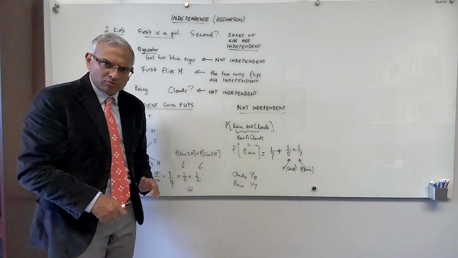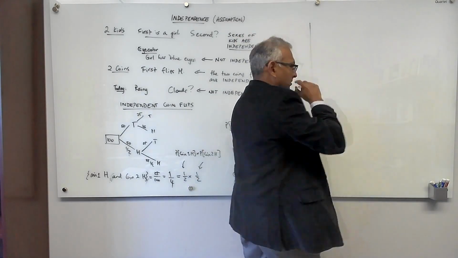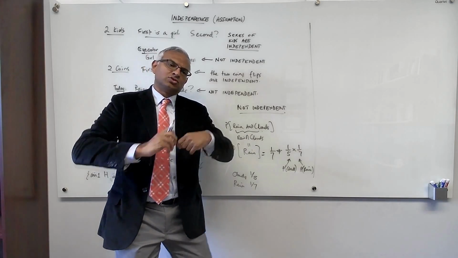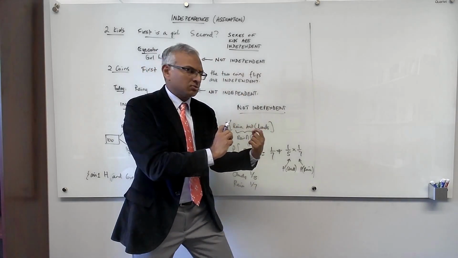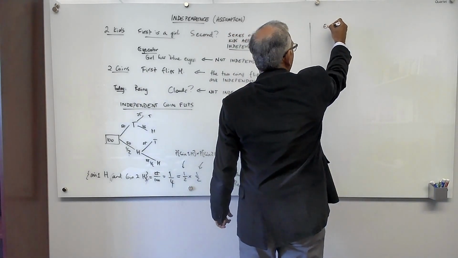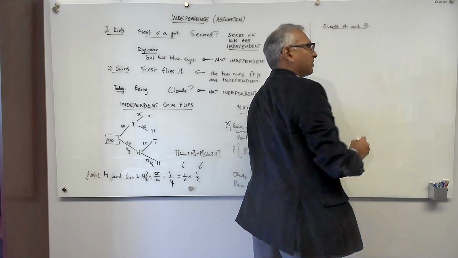But let's now pin it down in a more general setting. In a more general setting, you have your experiment, for which you have a sample space and probabilities for each outcome. And so you can define two events, A and B, arbitrary events.